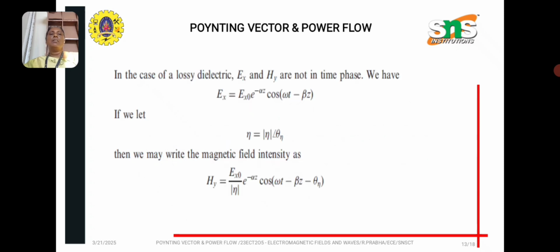And in case of lossy dielectrics, Ex and Hy are not in time phase, so we can write Ex as Ex0 e power minus alpha z cos of omega t minus beta z, and Hy is Ex0 by eta e power minus alpha z cos of omega t minus beta z minus theta eta.